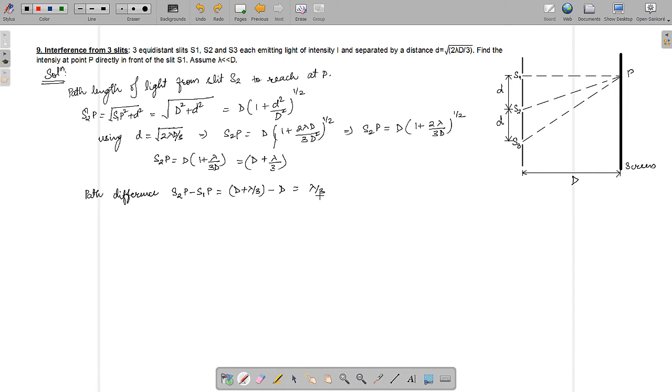If the path difference is lambda by 3, the corresponding phase difference is found as follows: for a path difference of lambda, we get a phase difference of 2 pi. So for a path difference of lambda by 3, the phase difference will be 2 pi by 3.